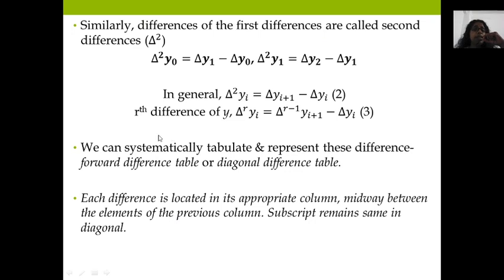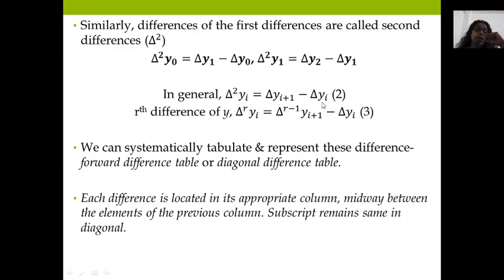But here del square y0, or second del 2 y0 equal to delta y1 minus delta y0. And what will be del 2 y1 equal to delta y2 minus delta y1. So in general, you have to express it in terms of i. Del square yi is equal to delta yi plus 1 minus delta yi.